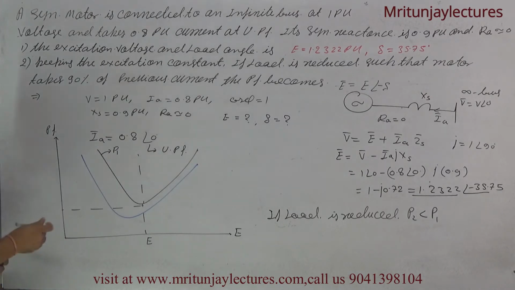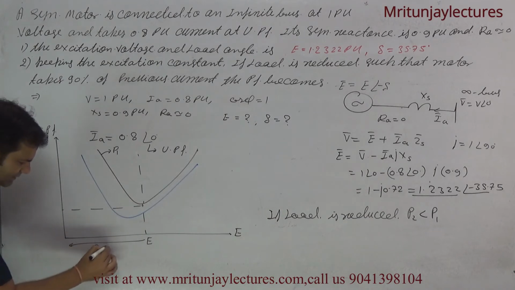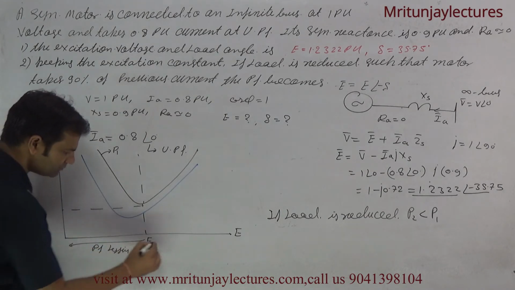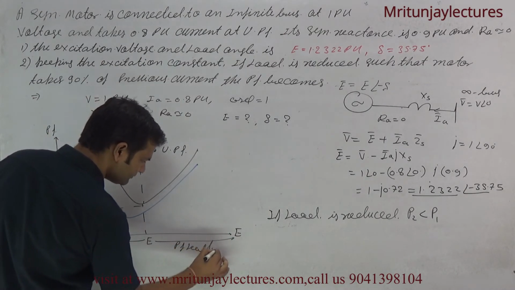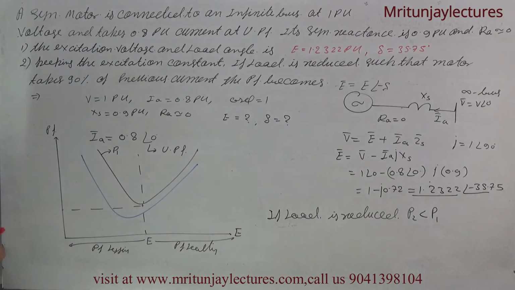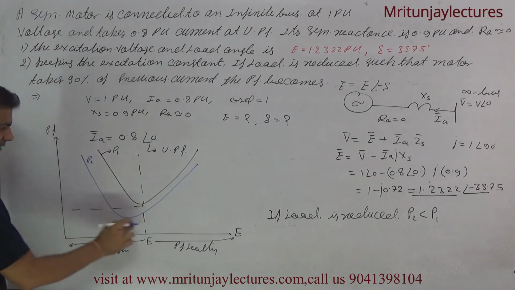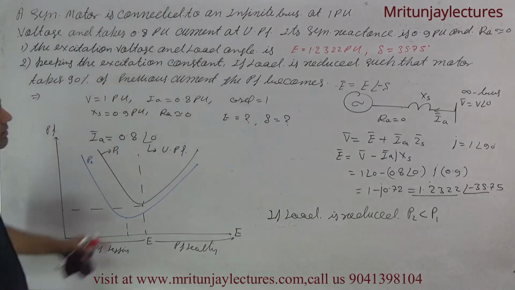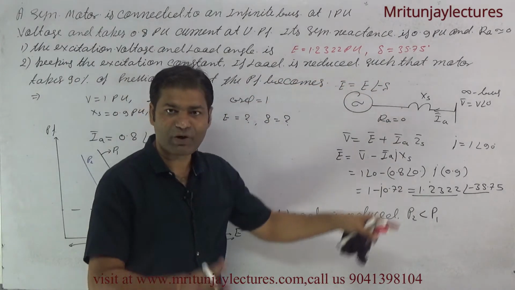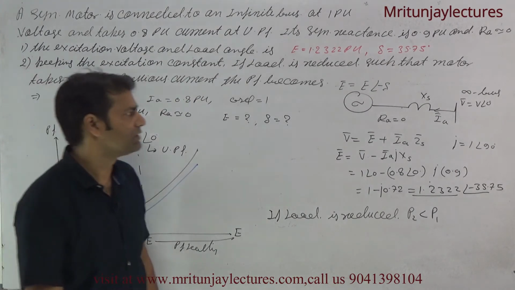First of all, this one is under excitation, where the power factor is lagging, and this one is where the power factor is leading. Clear? Now if power is reduced corresponding to P2, if the load is reduced, then the input power also reduces.